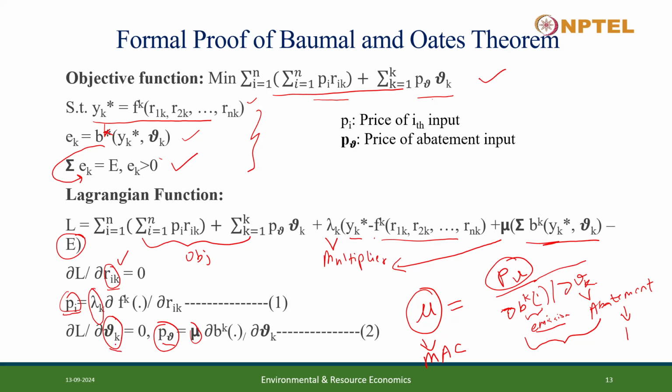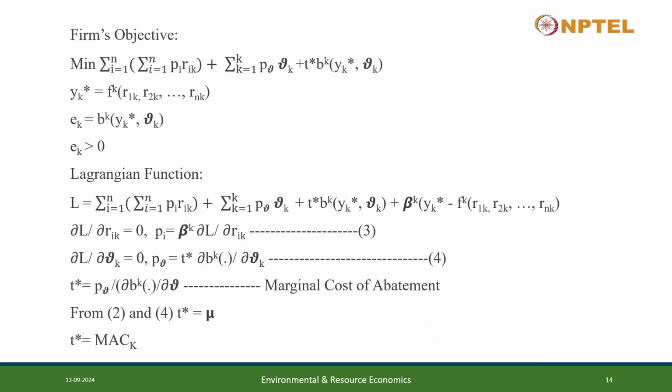From here we get the value of mu and lambda k. So mu and lambda are multipliers, and we see that mu represents the marginal abatement cost, that is the cost of reducing an additional unit of emission.